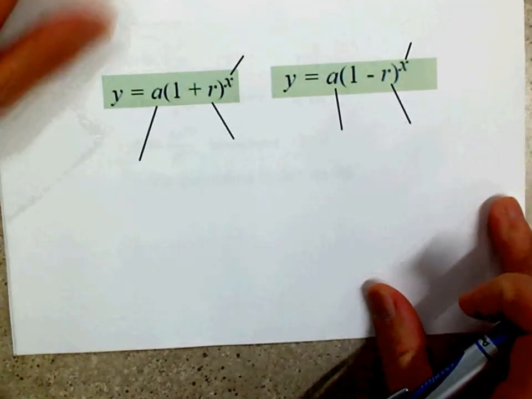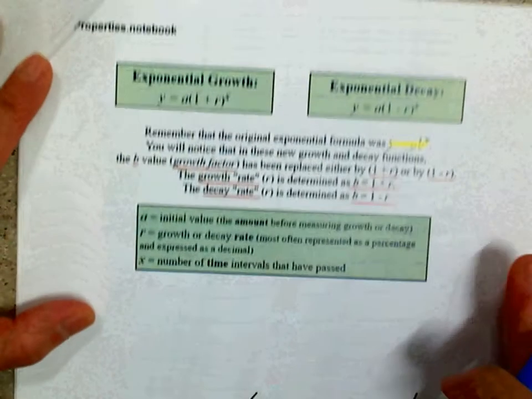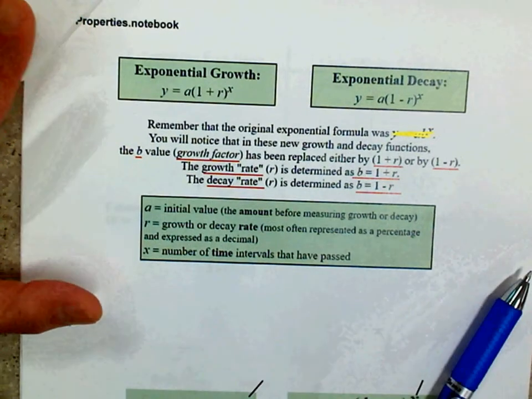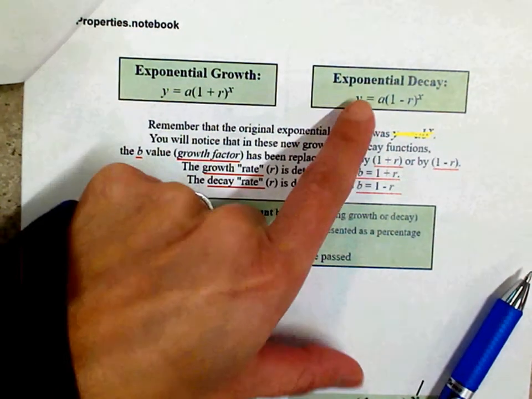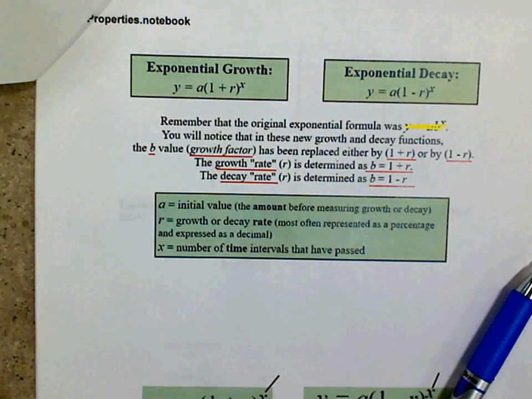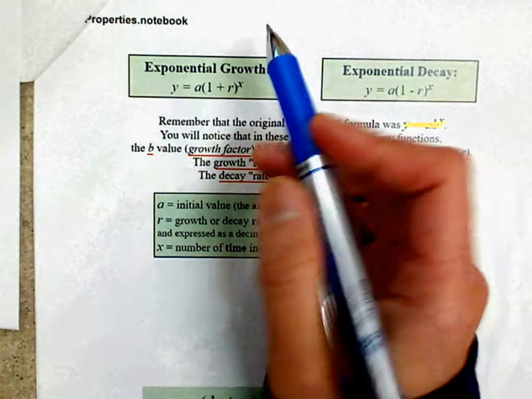Let's look at some properties of an exponent. This is called exponential growth. This is called exponential decay. In an exponential growth, notice what's inside: 1 plus r.